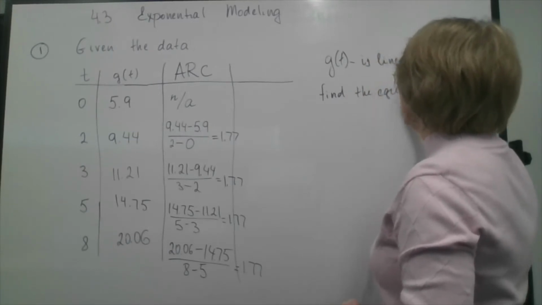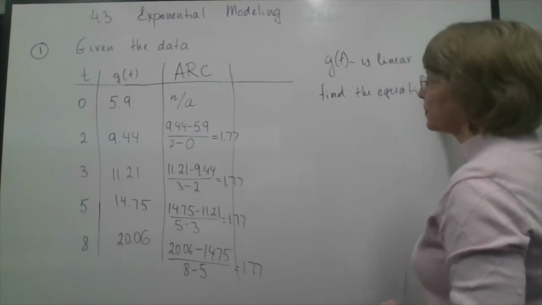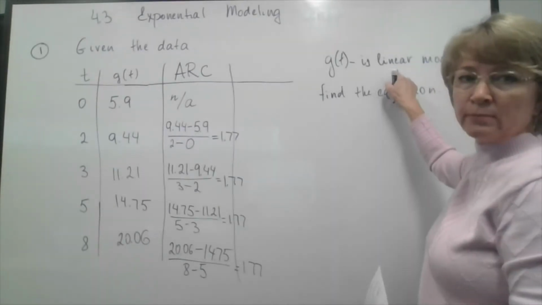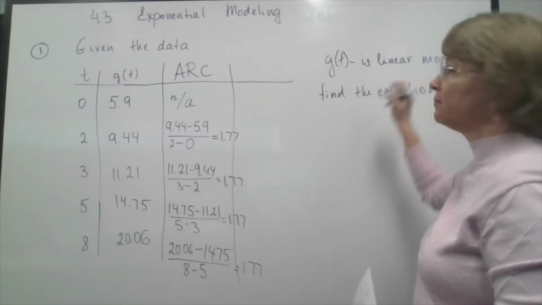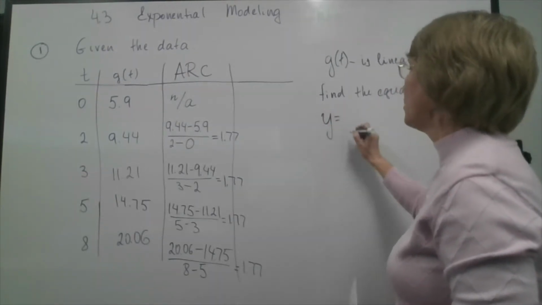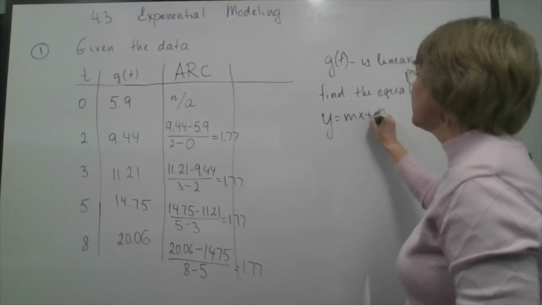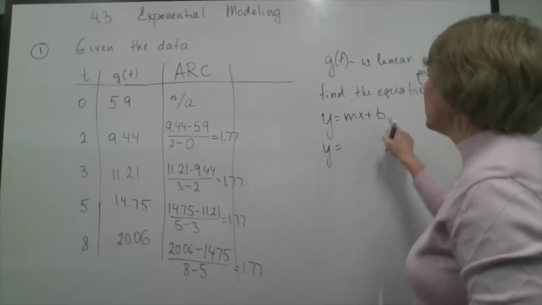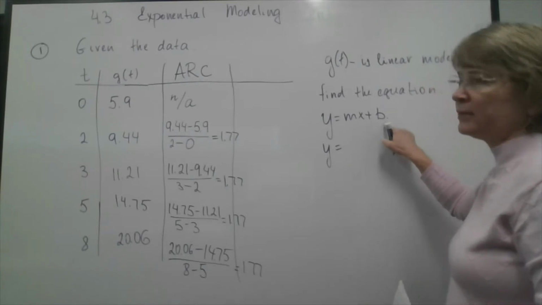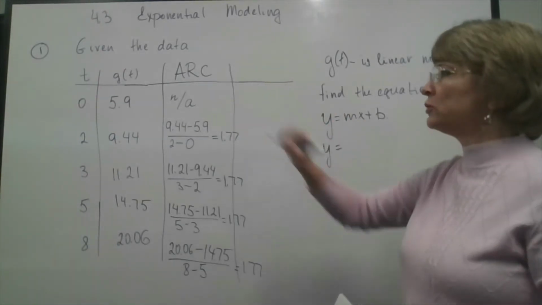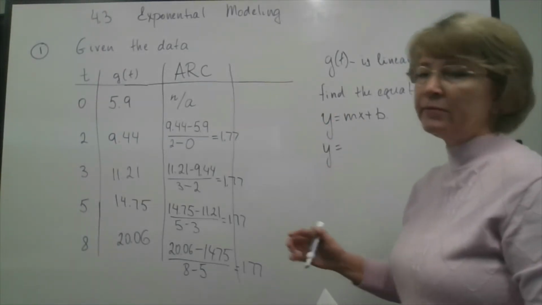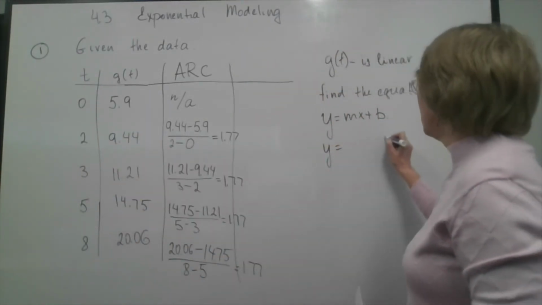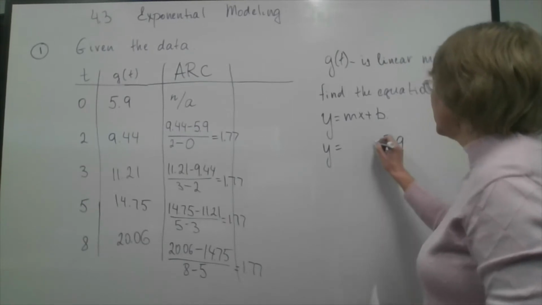Again, there is nothing new here. Because it's linear, what equation will we use? I hope you remember y equals mx plus b. What is my b? My b is the initial value. Do you know the initial value here? Yes, it's given to us. It's 5.9. So 5.9 will be here.